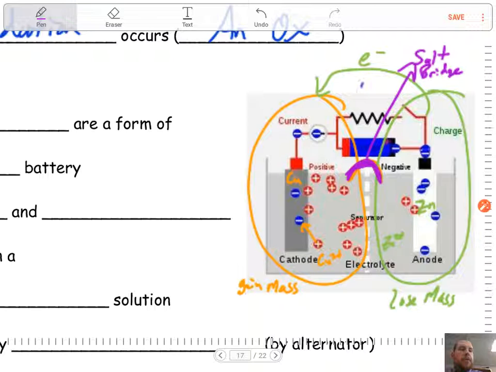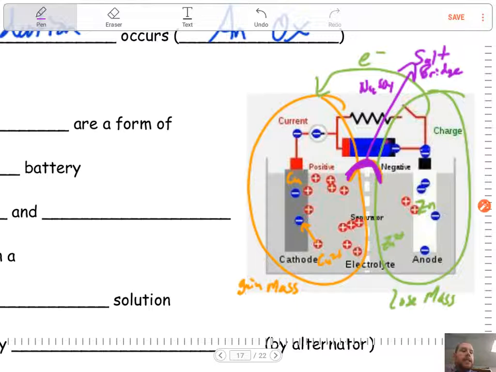So a salt bridge typically has something like maybe sodium sulfate as the salt in there that allows for these electrons to keep flowing. Because you might think, well, if all these electrons are flowing over here, you're getting all these positives on the left side where my cathode is, and then they're going to stop. Or why would it keep giving up these electrons over here if you get all these zincs that are positive in the solution?